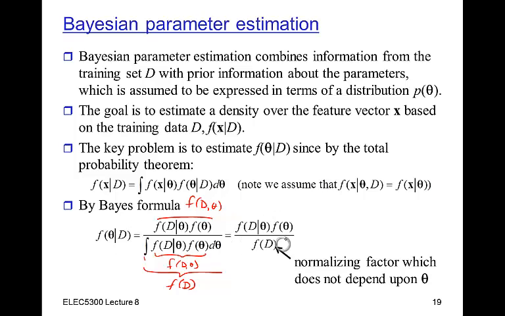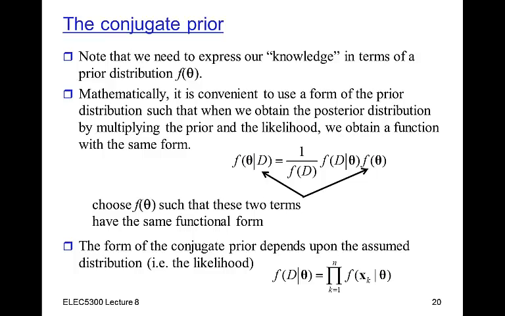The important thing to remember is that f of d is really just a normalizing factor. It doesn't depend on theta, so to figure out what's going on with theta, I only have to look at the numerator. The denominator just makes sure that when I integrate over theta, I get 1. In order to do this, we need to express our knowledge in terms of a prior distribution, f of theta.